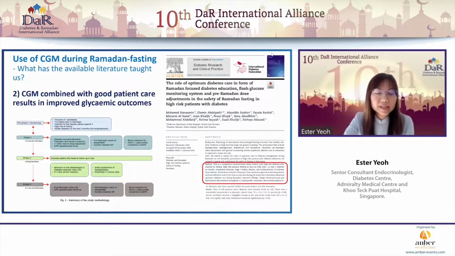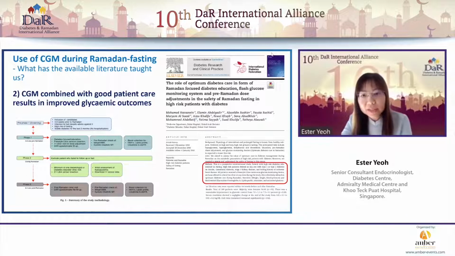Now, the second lesson from the use of CGM during Ramadan fasting is that CGM, when combined with good patient care, results in improved glycemic outcomes. This is a study by Dr. Hassanain's group, a prospective interventional study of patients with high-risk diabetes who insisted on fasting. These are high-risk patients with type 1 or type 2 diabetes on insulin, gestational diabetes, stage 3 CKD, or a history of ischemic heart disease.